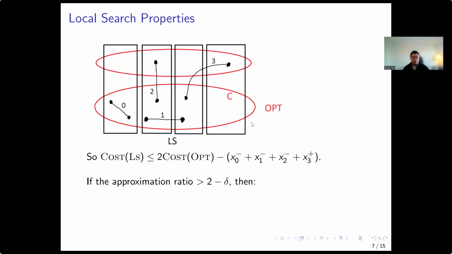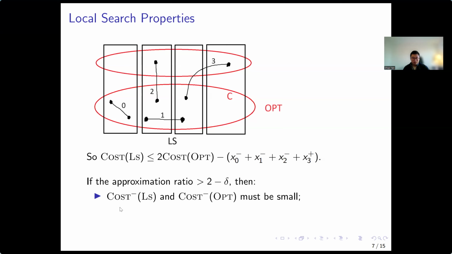Okay, now how can we go below 2? Well, now we assume that the approximation ratio of the local search solution is greater than 2 minus delta. Then we can see that the sum of these 4 terms must be smaller than delta times the cost of optimal.